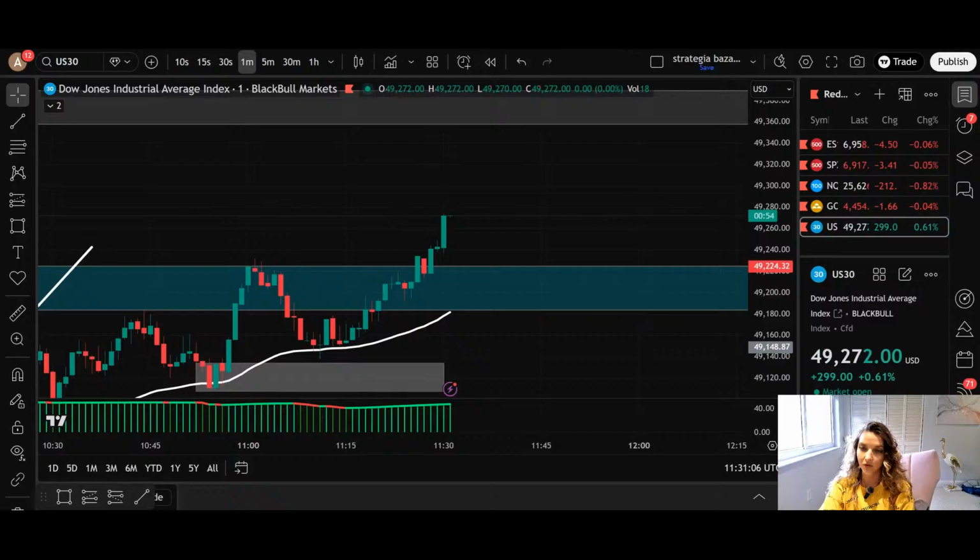Do we wait for a retest or we just go? I really want a retest.